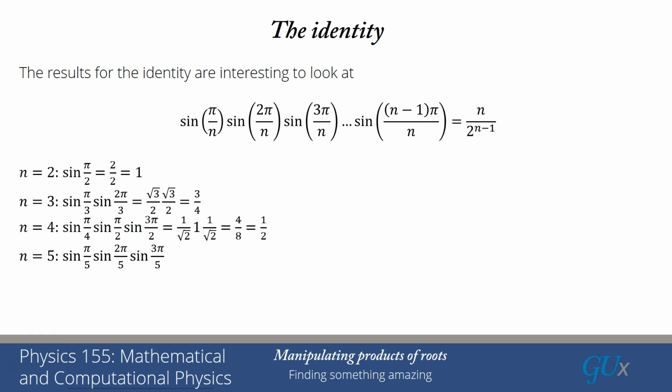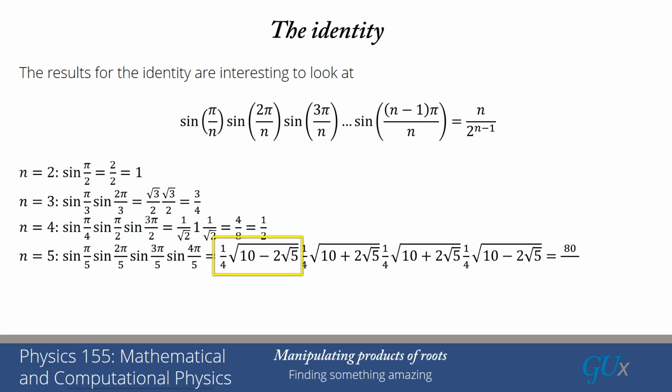I get sine pi over 5, sine 2 pi over 5, sine 3 pi over 5, sine 4 pi over 5. Now you might have not known this, but there actually is an explicit formula for sine pi over 5. And I can then compute sine 2 pi over 5 from the double angle formula for sine, and then I can notice that sine 3 pi over 5 is the same as sine 2 pi over 5, and sine 4 pi over 5 is the same as sine pi over 5. And so I get this product here.